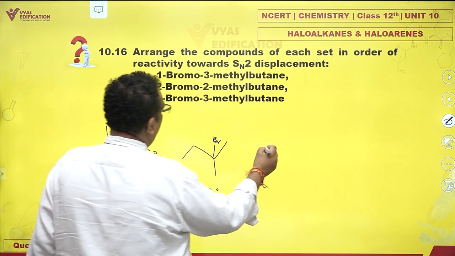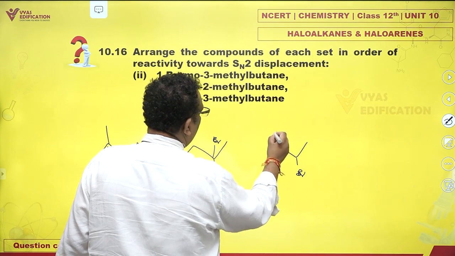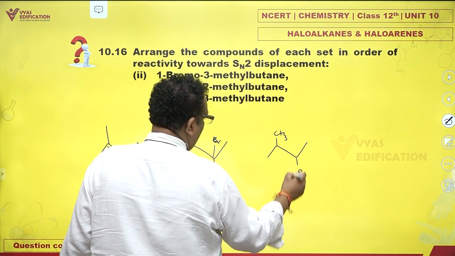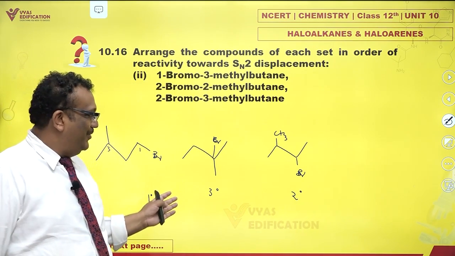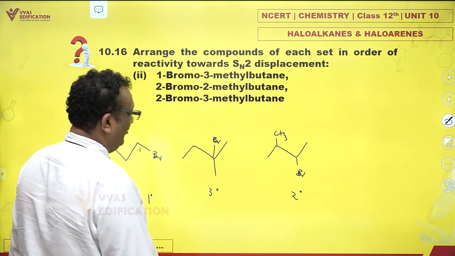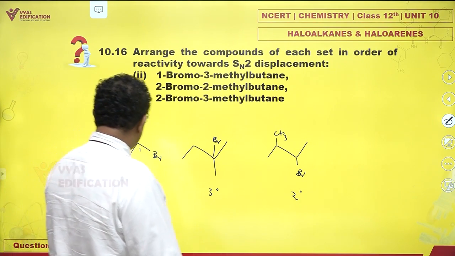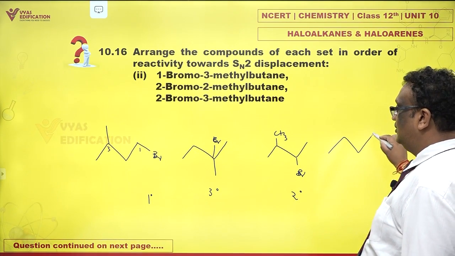And then what do I have? I have butane, with 2-bromo and 3-methyl. Fine, this is secondary. You know very well, from primary to secondary to tertiary, as the crowding increases, the rate of reaction decreases. I'll just rewrite this.